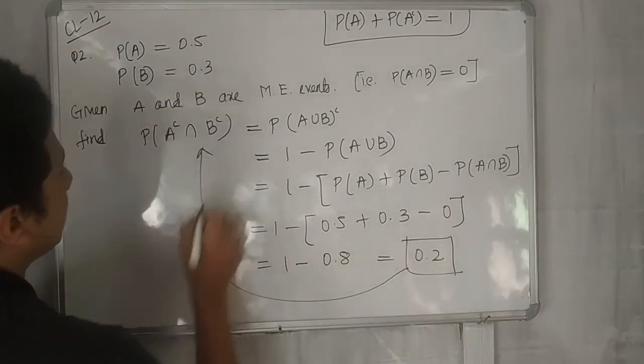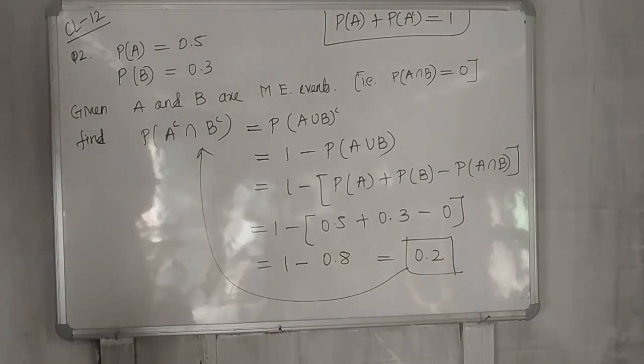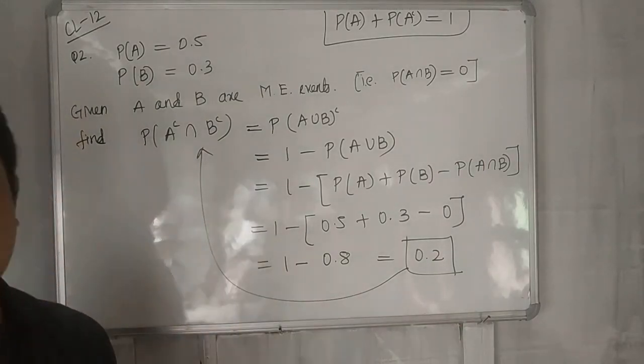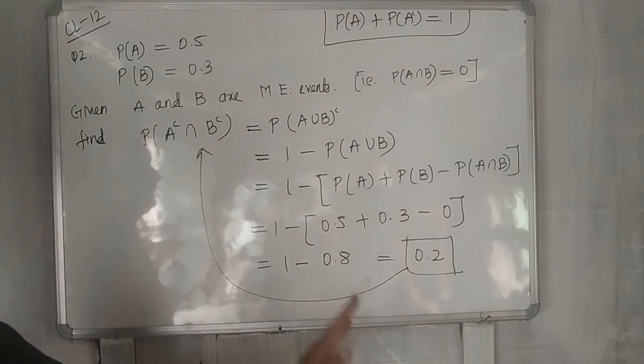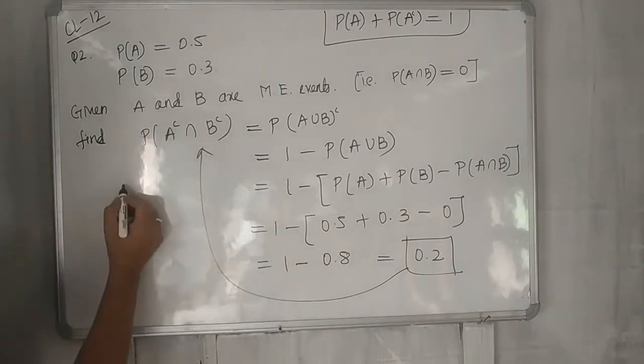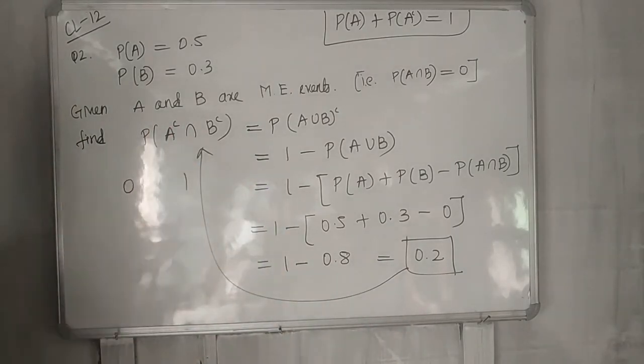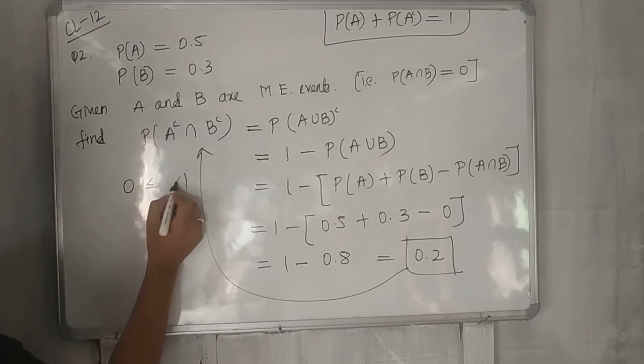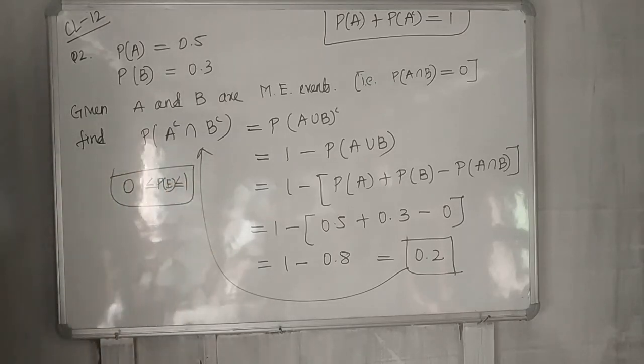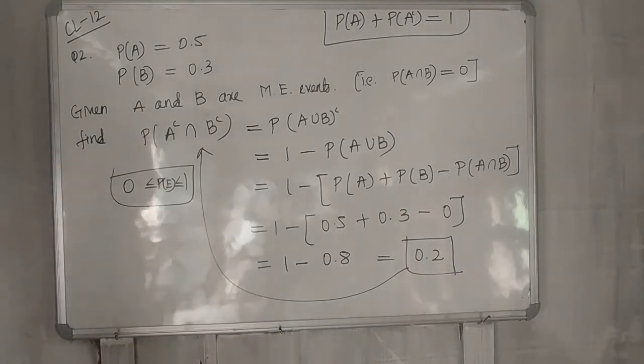I've told you before also, in this chapter the answer of all the events in probability will either be 0, 1, or in between. Please keep those things in your mind. Pause the video and note it down.